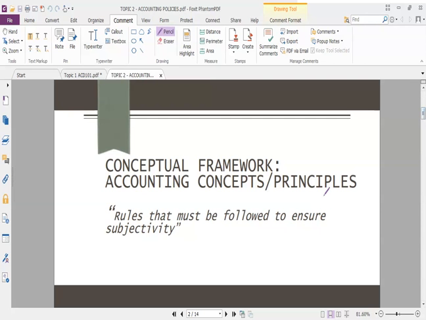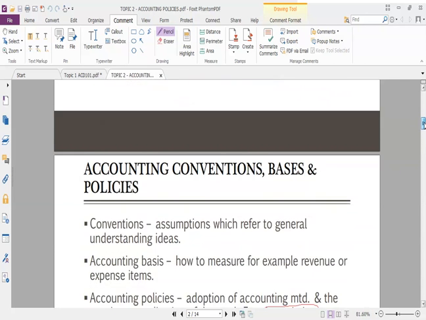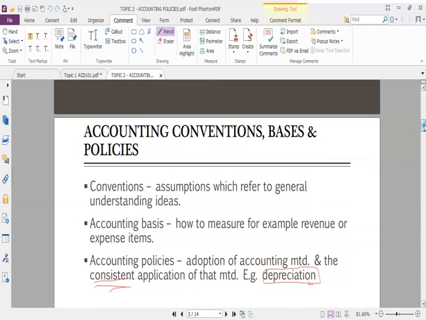Because of that, accounting came up with the conceptual framework. So what are the rules? Accounting conventions, basis, and policies. What is the difference between convention, basis, and policy? Convention is assumption, which refers to general understanding and ideas.